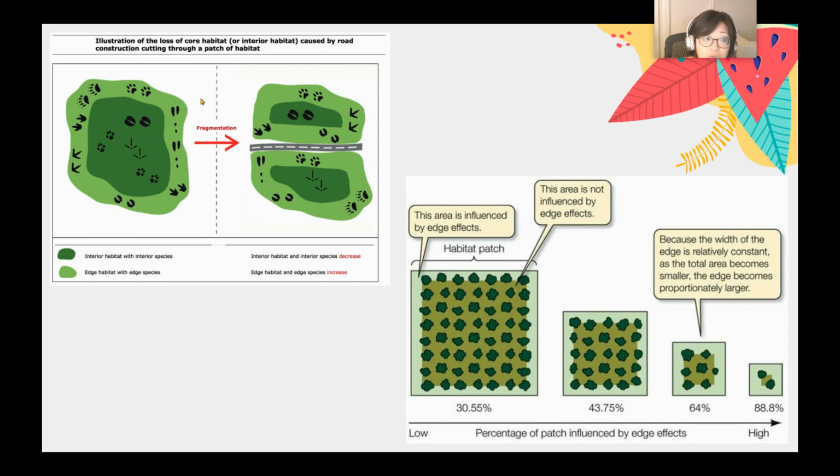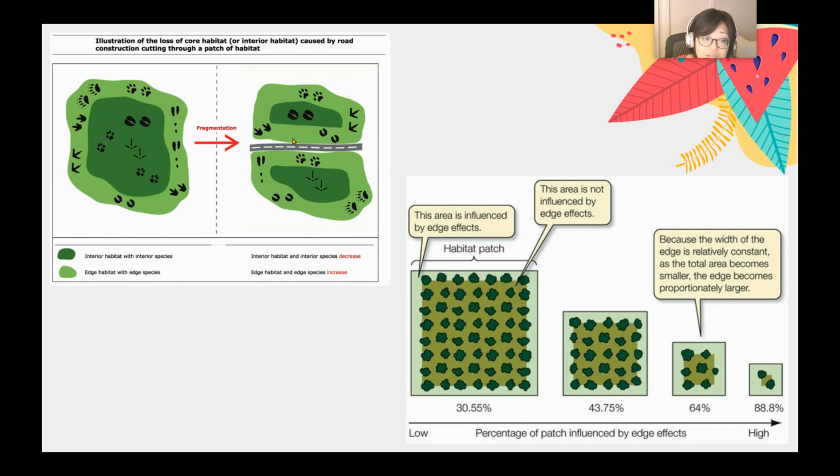It's an ecotone, right? So it's a transition between two ecosystems, and there are certain species that are better adapted and might thrive in these edge habitats, and these are called edge species. That will be good for them, but you also end up losing the interior, because once you fragment it, you make the interior smaller.